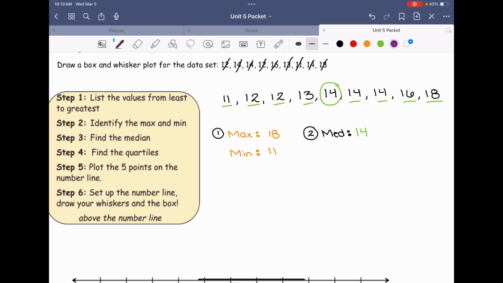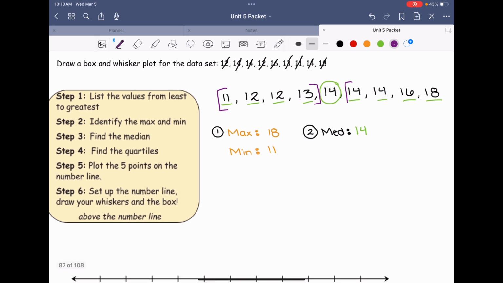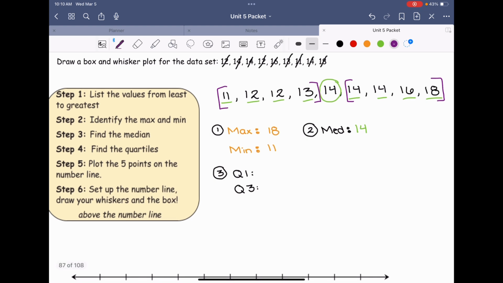Then I'm going to section off my data into the lower and upper half using my square brackets. And I have to find my upper and lower quartile, so quartile 1 and quartile 3, because quartile 2 is the median. So looking at my values, I've got 4 for the upper half and 4 for the lower half.